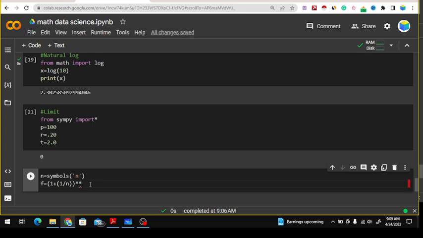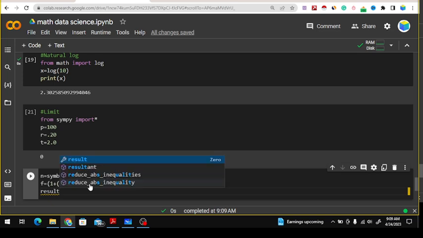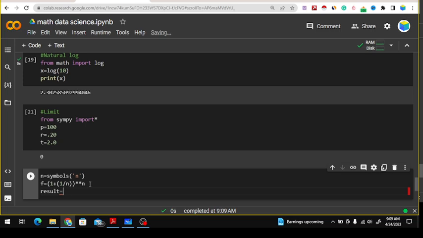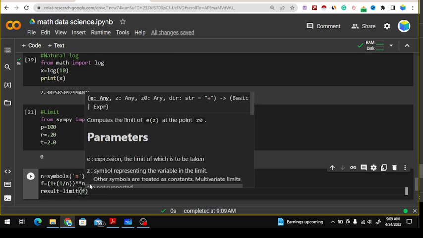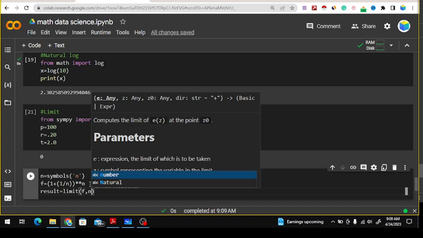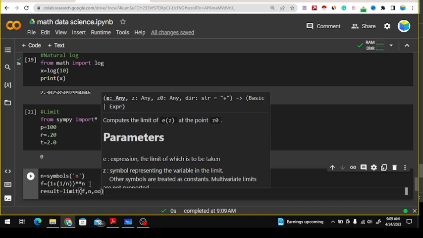It's not the capital N, it should be the small n. Let's see, it's working. Now we want to get the result, which should be limit of f as n goes to infinity, and print result.